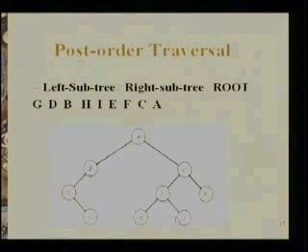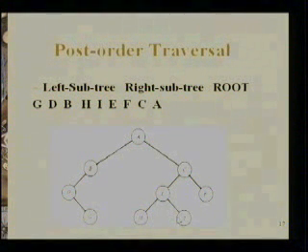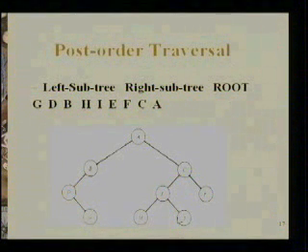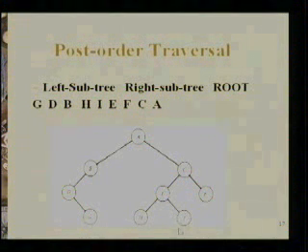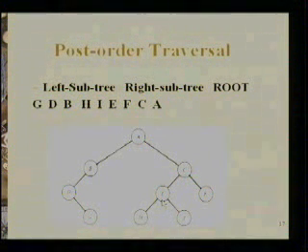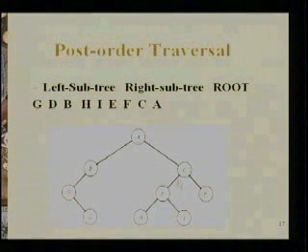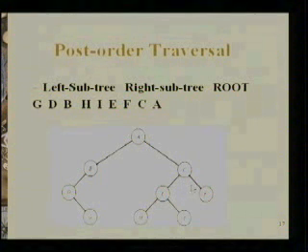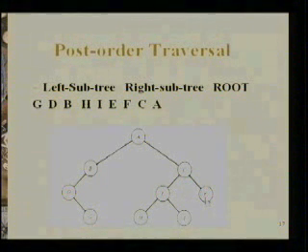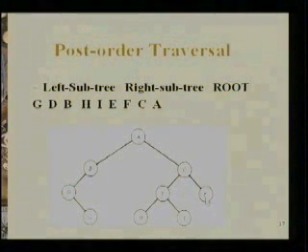After going back to E, you have to go to the right, because you have already traveled left, and your algorithm says that you have to visit the right subtree after visiting the left subtree. So you print I, and after printing I, when you go back to the root, you will be printing E. And after backtracking to C, you have already traveled the left side, so the only right subtree available is with the root F, which you will be printing.